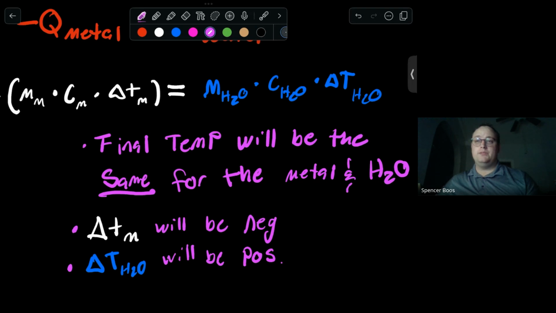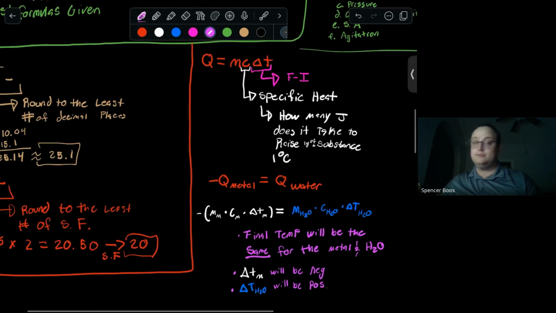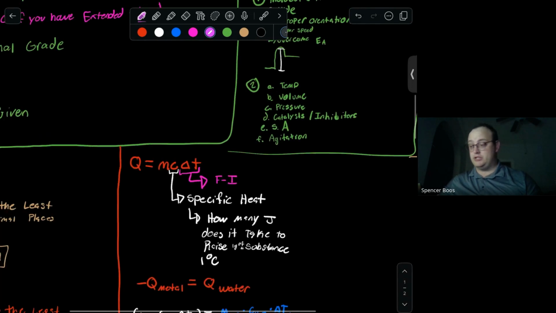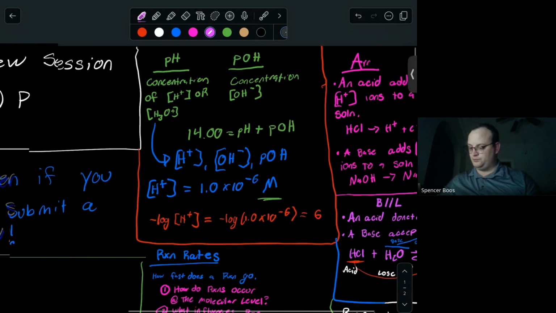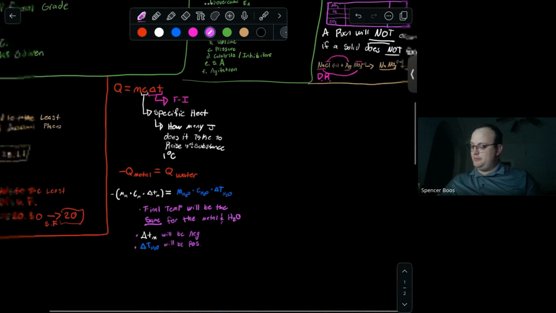So if the formula has both hydrogen ions and hydroxide ions, how can we determine if it's an acid or if it's a base? Good question. Let's head back up here to acids and bases. Now we're kind of out of room. We'll just continue adding on down here.